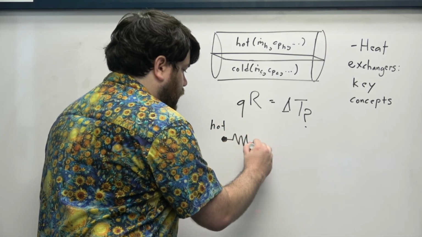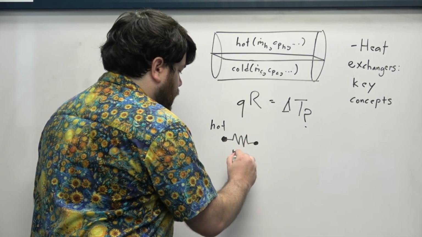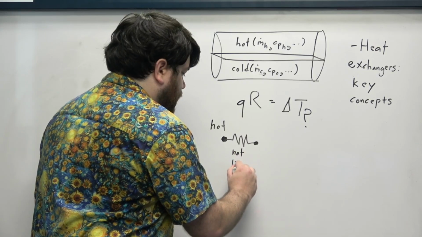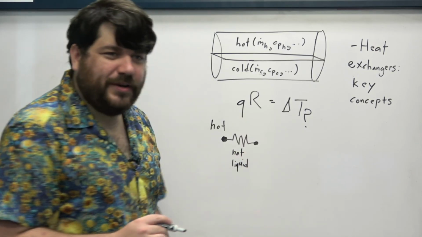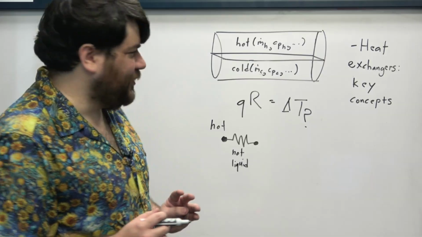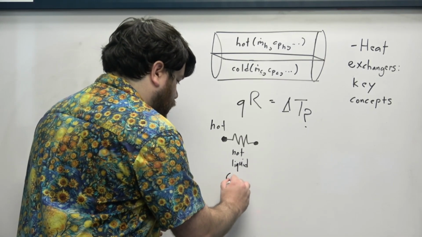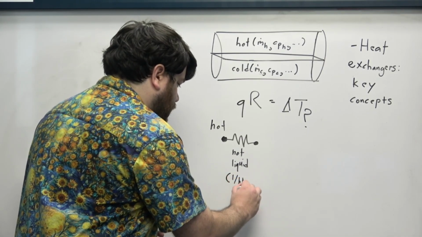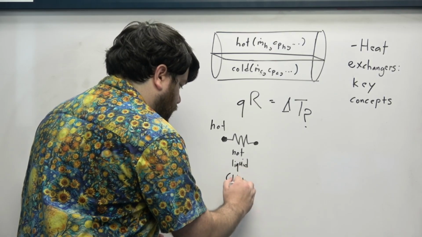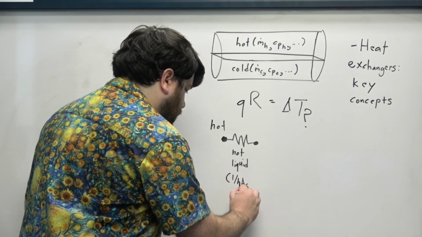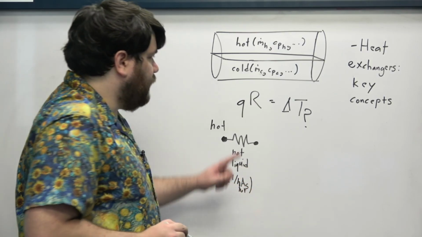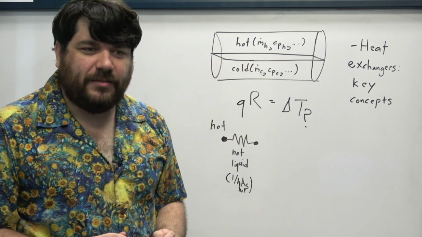So I can draw one thermal resistance right here that represents the hot liquid, and which is a convective thermal resistance. It has 1 over h hot times the surface area of this connecting element.